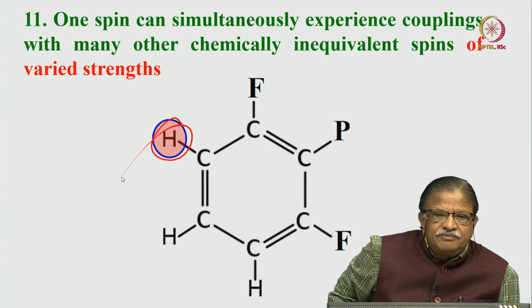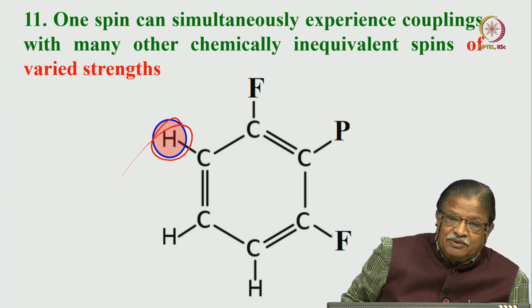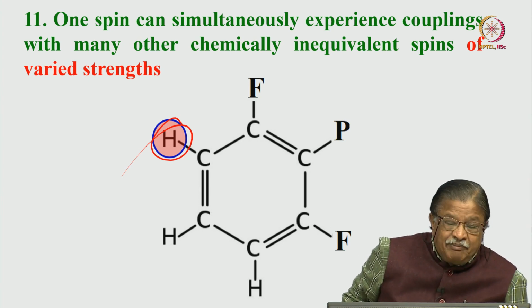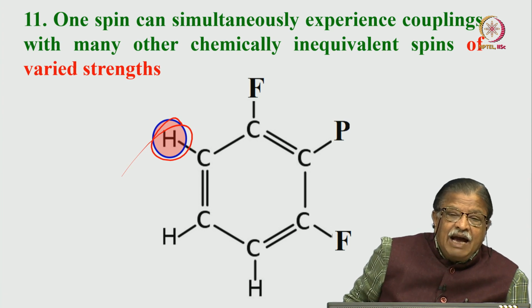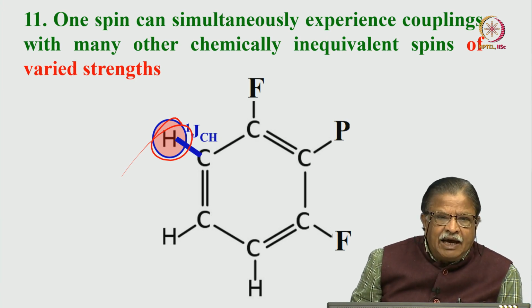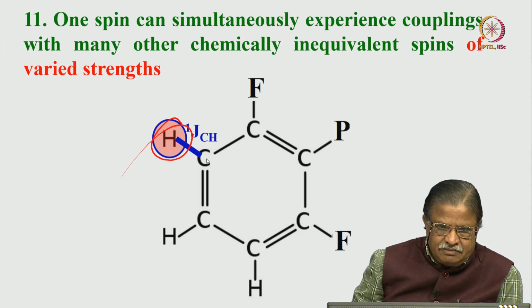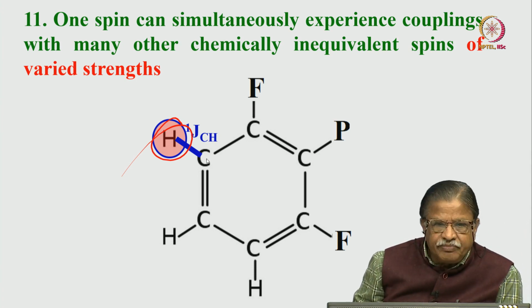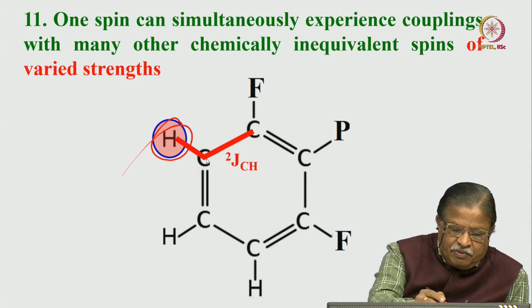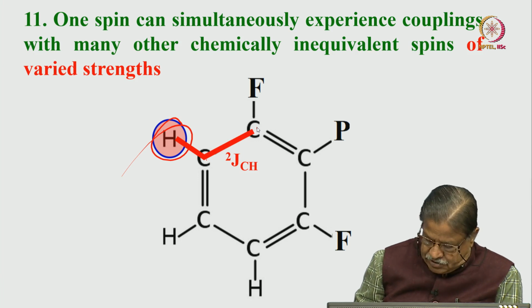It is a simple molecule, but this proton can have scalar coupling with a lot of other nuclei. For example, it can have one bond coupling between carbon and proton. This proton can interact with this carbon, one bond J coupling is possible. Two bond, this proton can couple to this carbon, that is also possible.